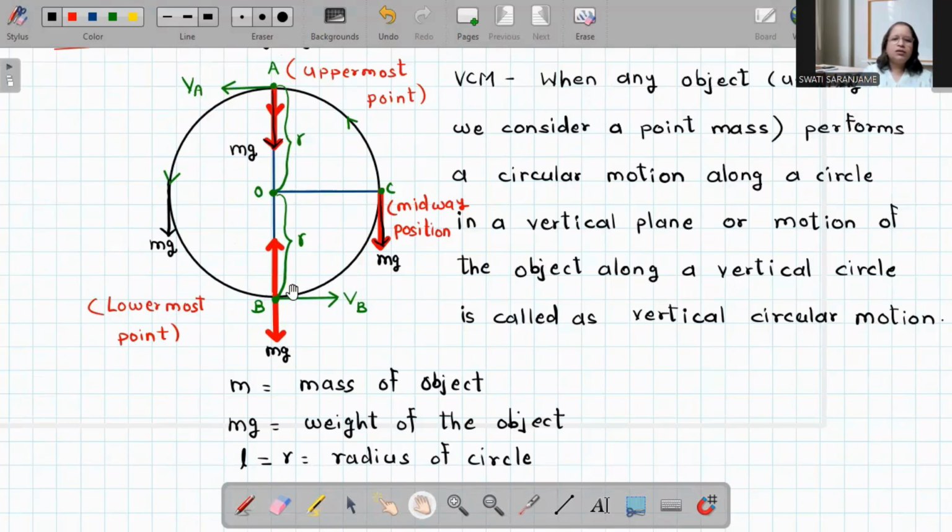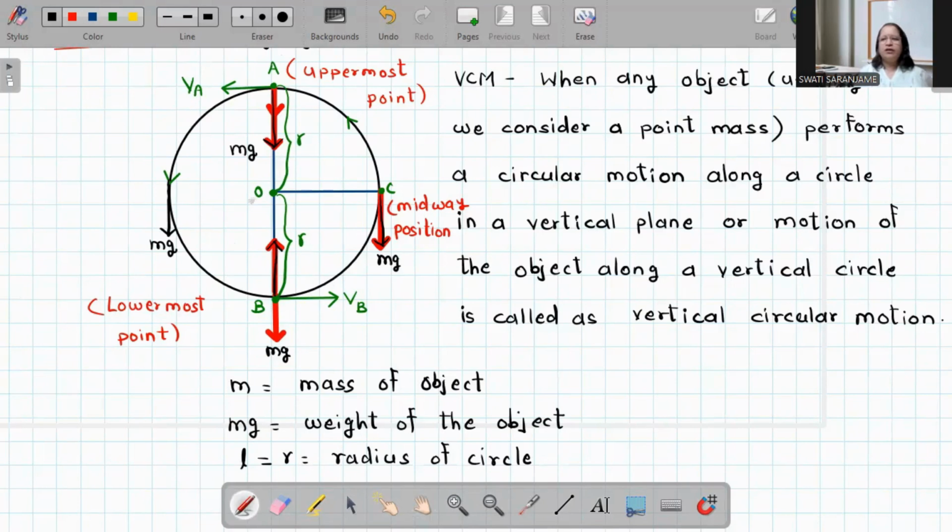So as the object is whirled in a vertical circle in anti-clockwise direction, then as it is tied with the string, the tension force gets developed along the string towards the center.